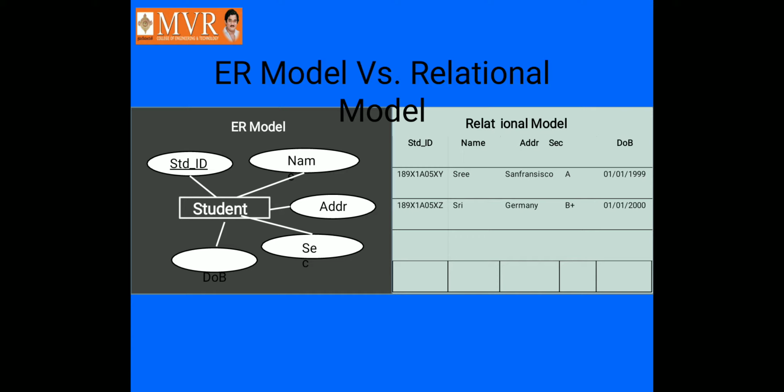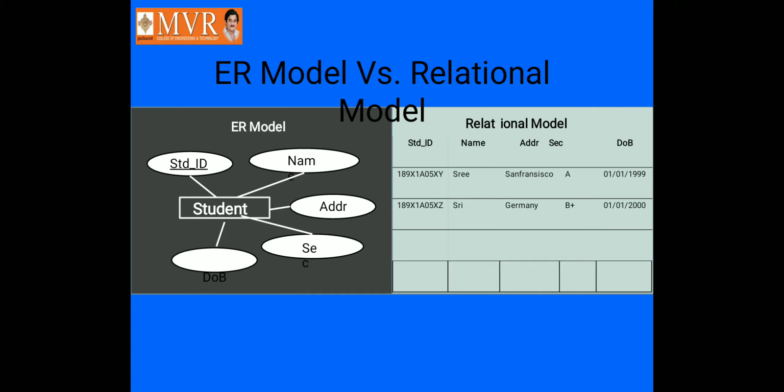In the entity relationship model, the entities are shown in a diagrammatic pattern, having relations with one another. See the ER model in the diagram: std_id, name, address, section, date of birth.